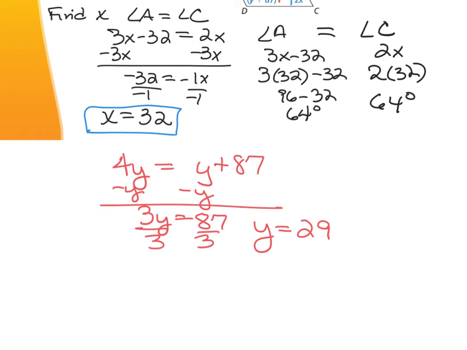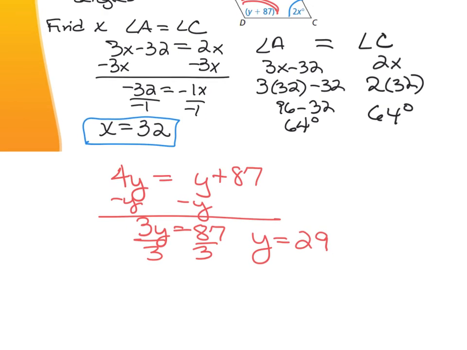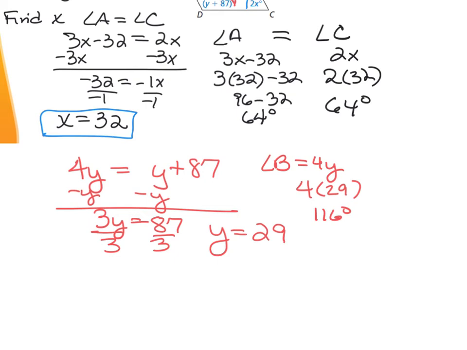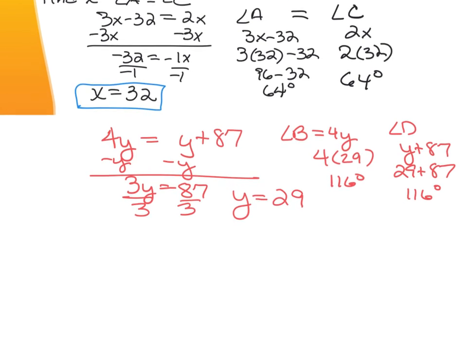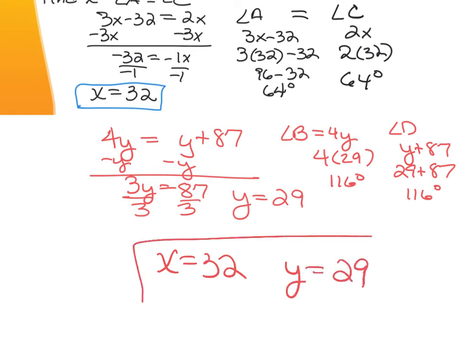Again, let's say they want us to find the measure of angle B. B is equal to 4y, 4 times 29, and I get 116. If they ask for angle D, it's y plus 87. 29 plus 87 also gives me 116. But again, final answers here are x equals 32 and y equals 29.